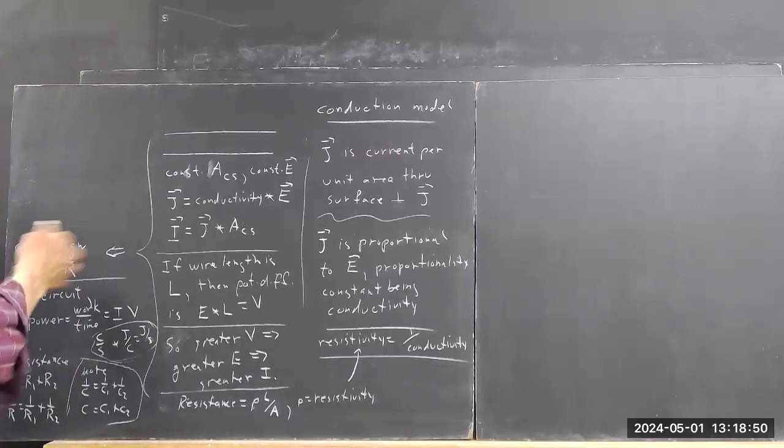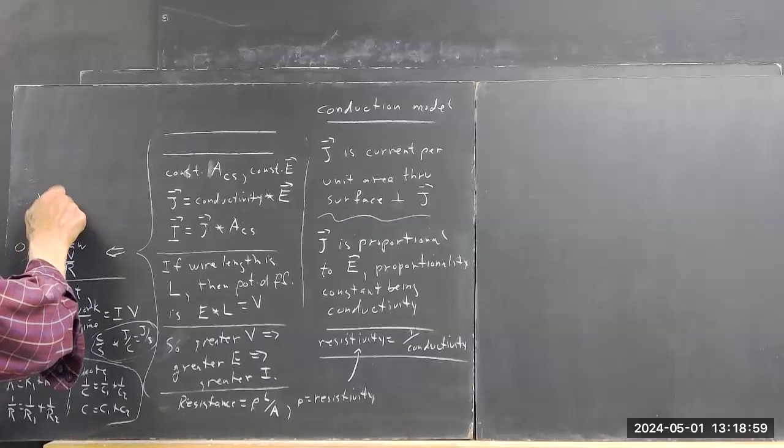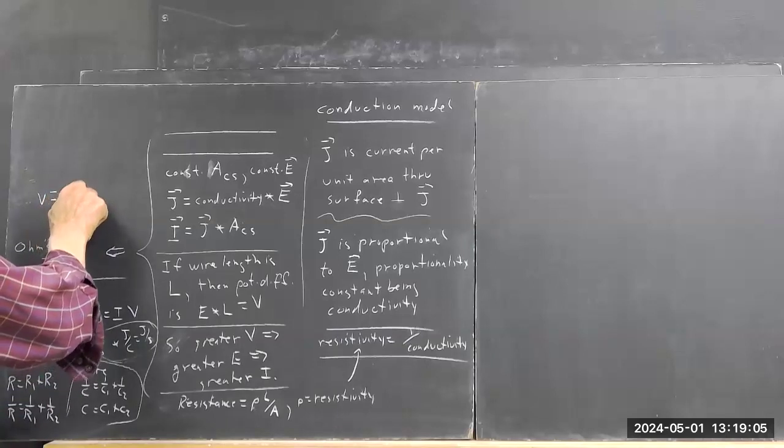A couple other things about basic circuits. Because of this, the voltage drop is current times resistance.